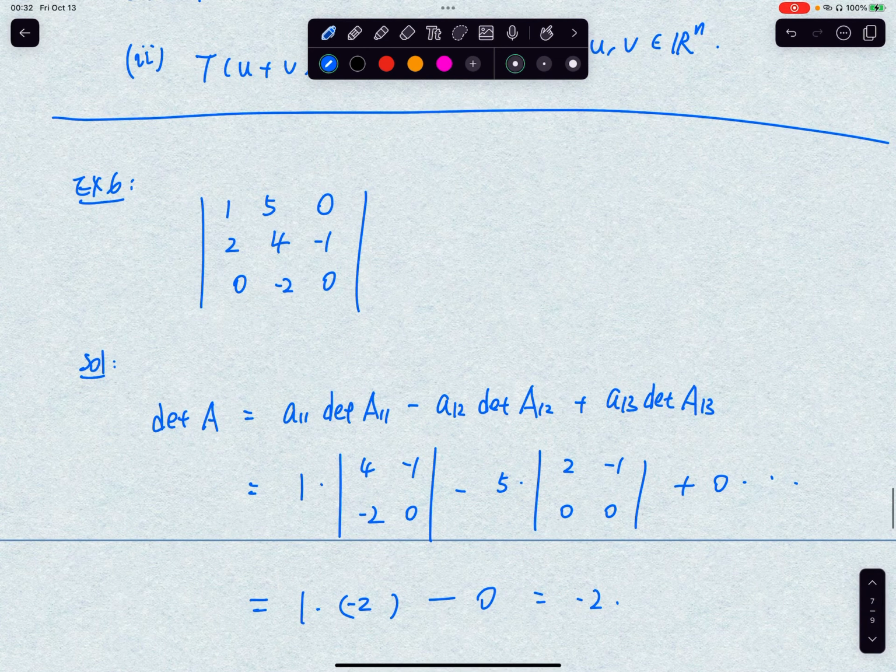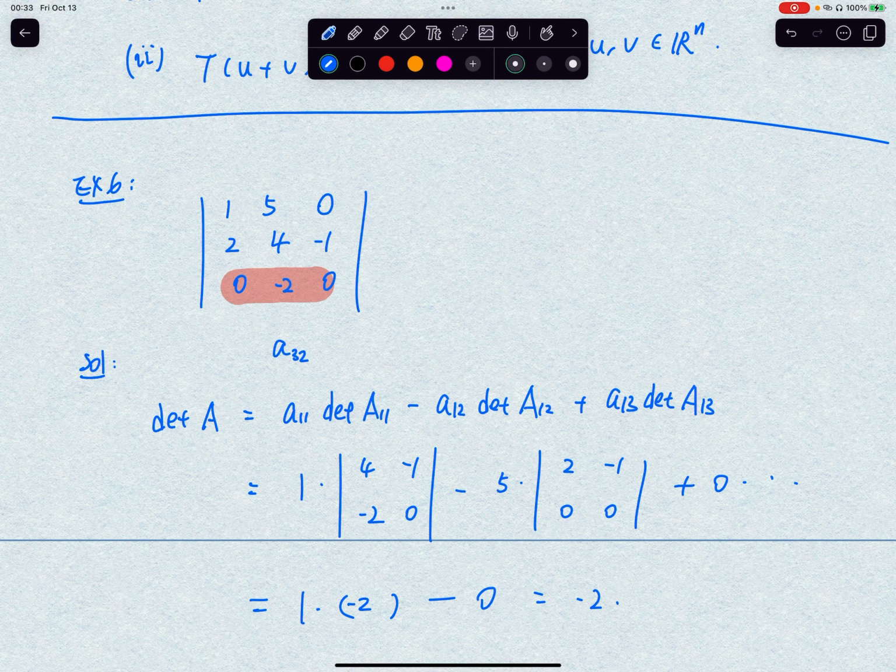And of course, as we said before, we want to choose a row or column consisting of as many zeros as possible. So for this one, a better choice should be this, (3, 2).